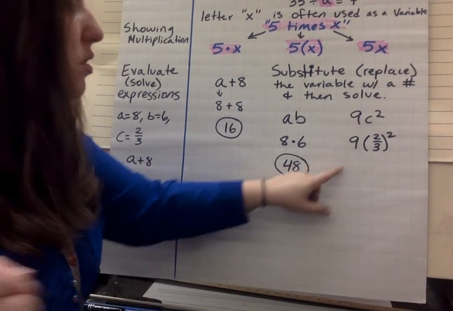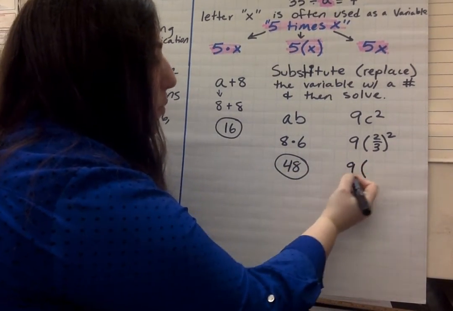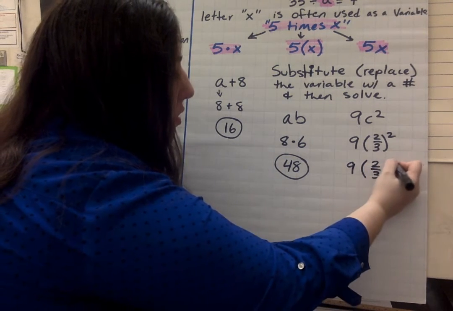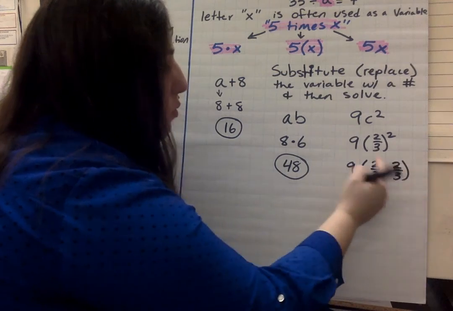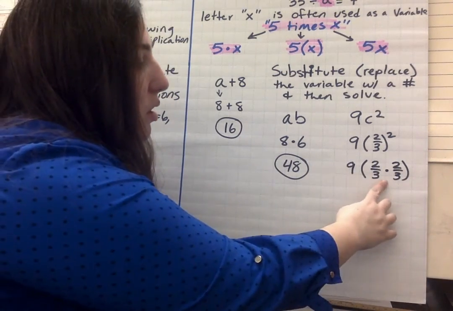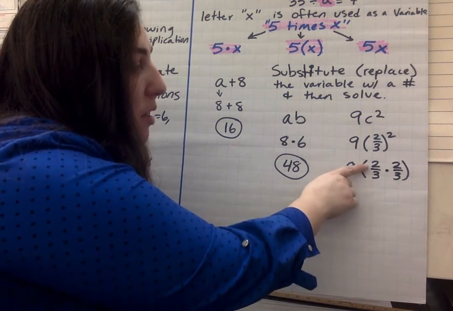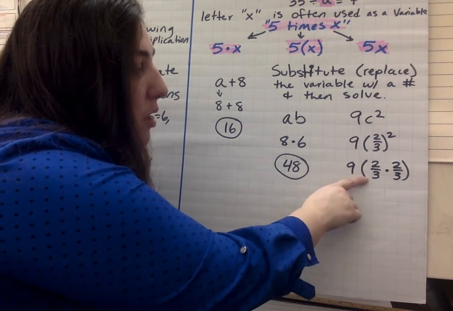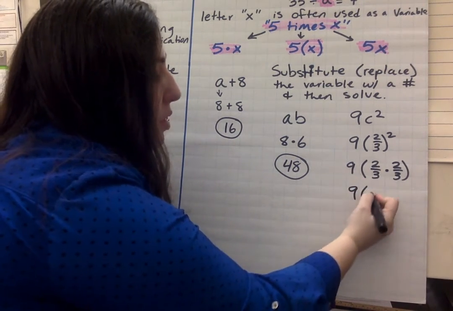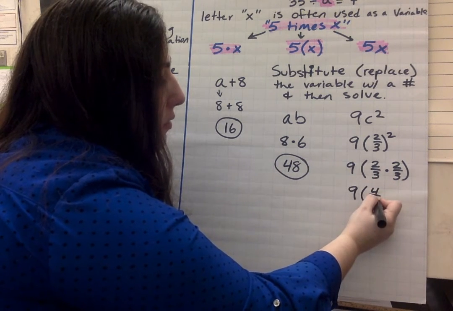So when I go to solve, it's going to be 9 times 2/3 times 2/3, because we know that 2/3 to the power of 2 means 2/3 times 2/3. When I'm multiplying fractions, I just multiply the numerators and multiply the denominators. 2 times 2 is 4, and 3 times 3 is 9.